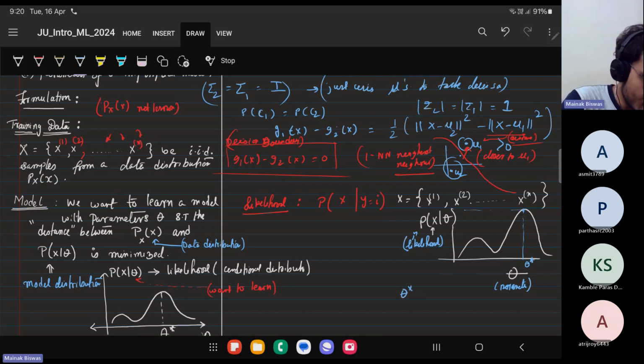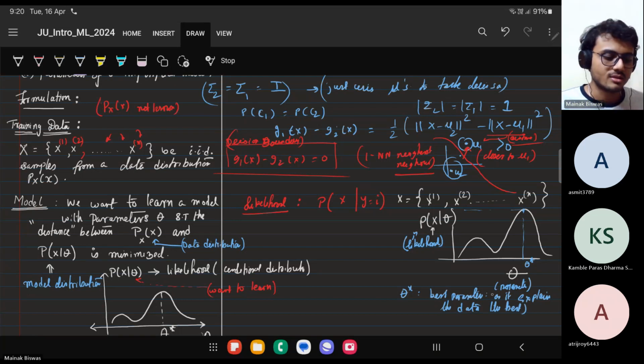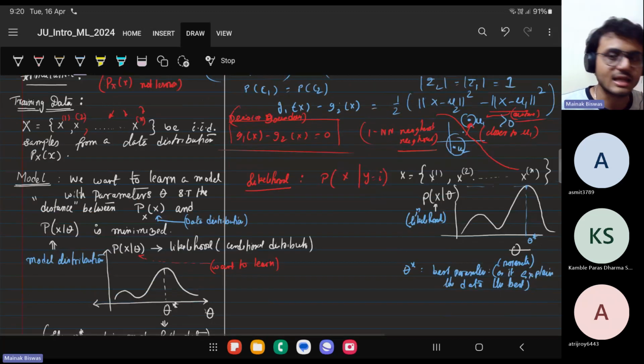Theta star, the best parameter, as it explains the data the best. Therefore, it's the maximum likelihood estimate.